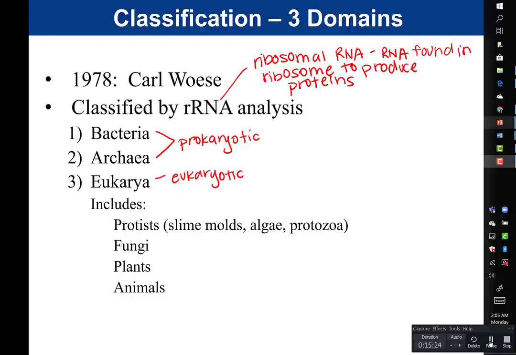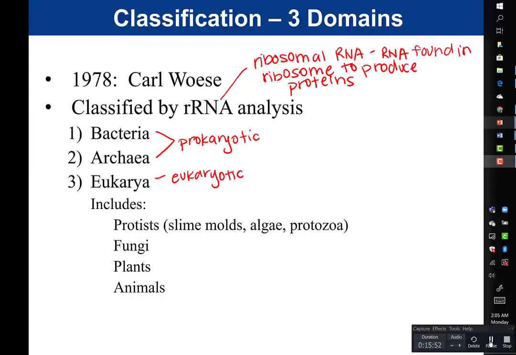It changes all the time. If we talk about protists, this could be things like slime molds, algae, and protozoans. Algae and protozoans are very different from one another. Algae are more plant-like, protozoans are more animal-like. So putting them together is not necessarily the best system, which is why these are now being separated into more kingdoms.